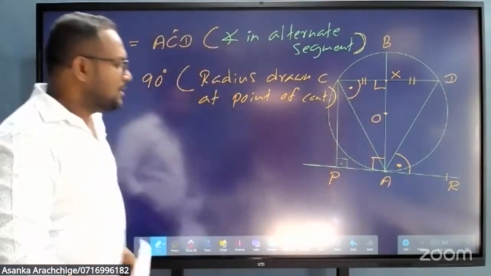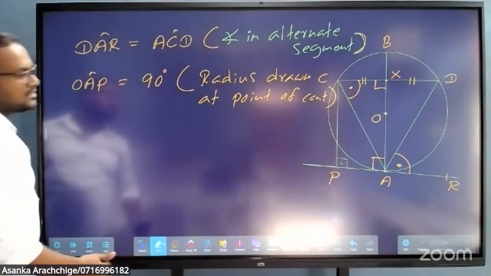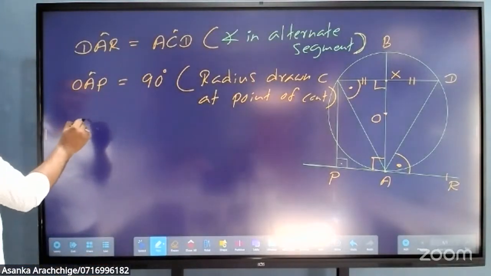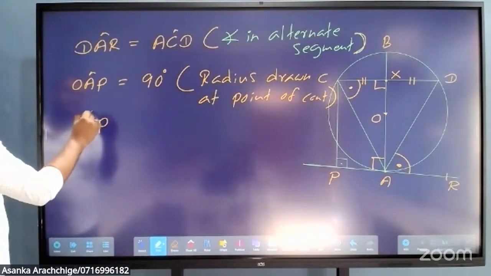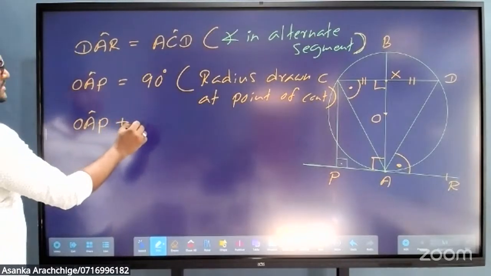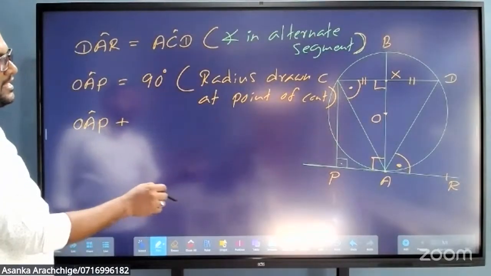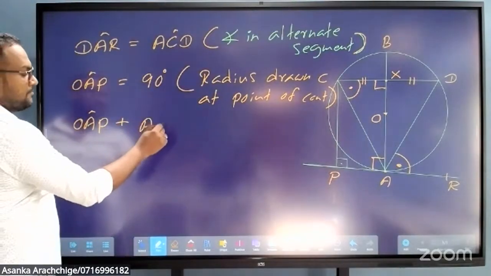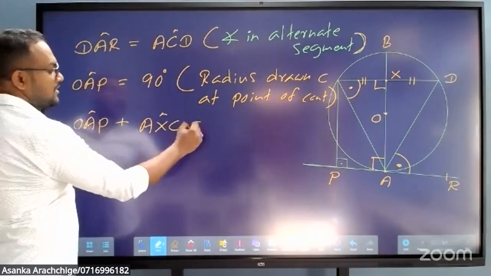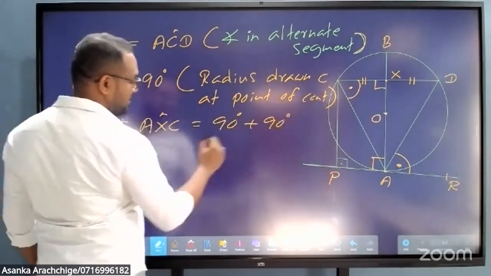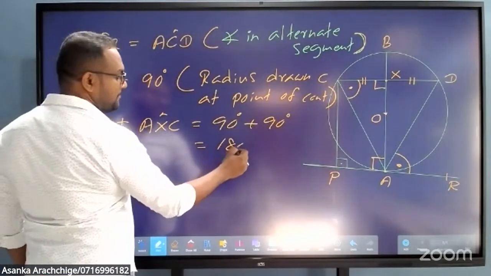They are a pair of aligned angles. You can say angle OAP plus angle AXC, both the same, equals 90 plus 90, 180.